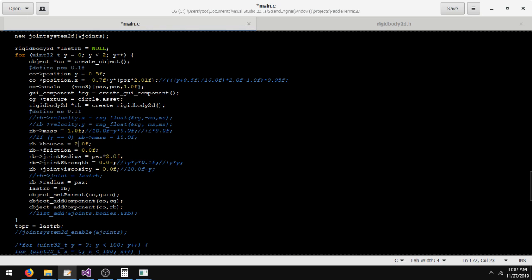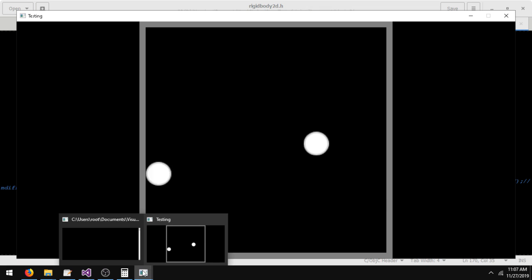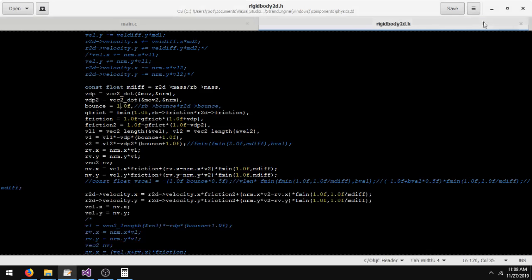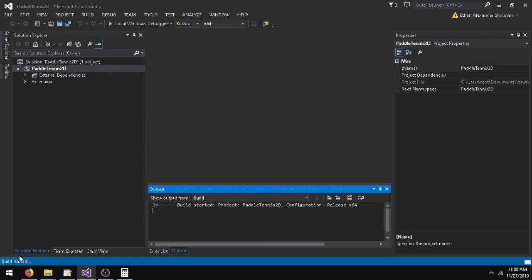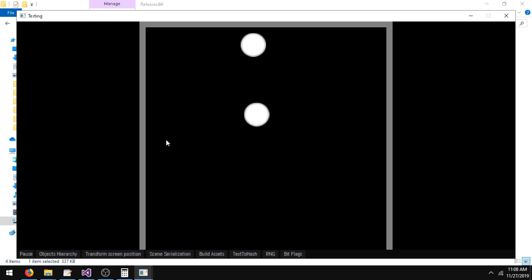So I'm pretty sure that if I actually do this bounce part here and multiply it by 2, I'm gonna move way too fast. So let's try. I'm probably going to need to rework how this bouncing works.